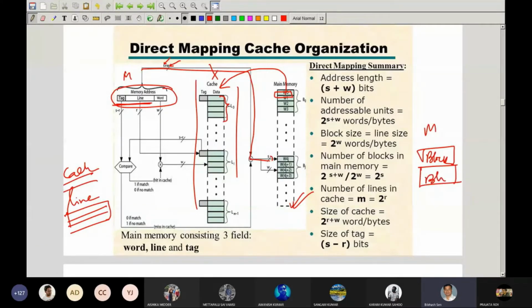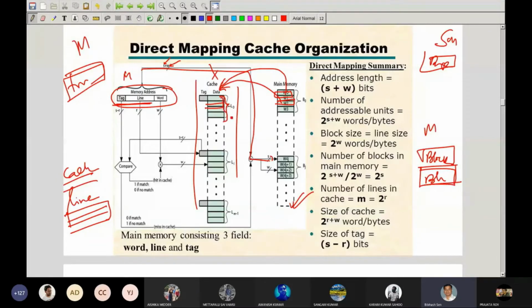It is for cache and main memory. When you go to main memory and secondary memory, in secondary memory it will be a frame, and in main memory it will be a page. Am I clear? A page will be loaded to the frames of the secondary memory. Here a block of the main memory will be loaded to the line of the cache.